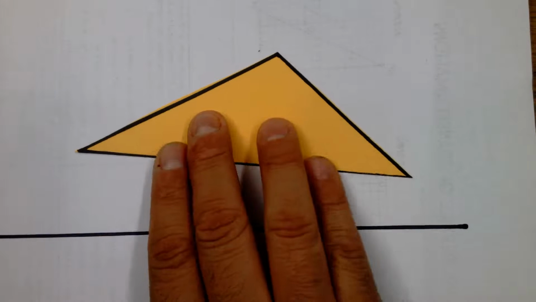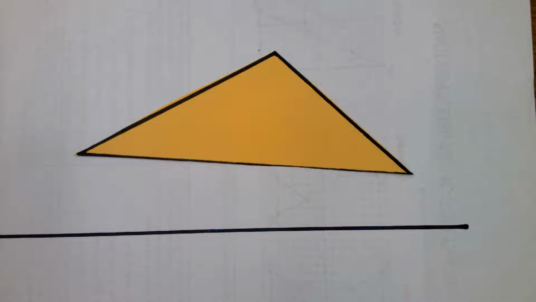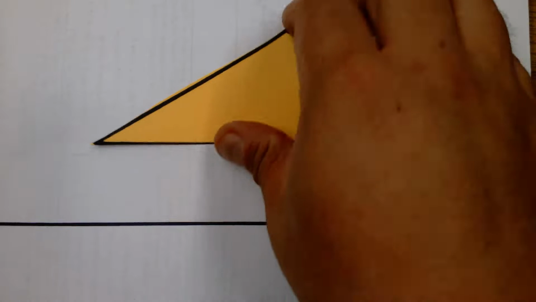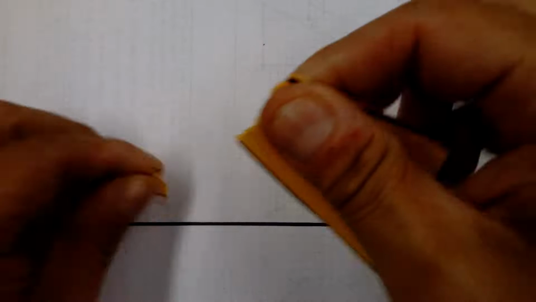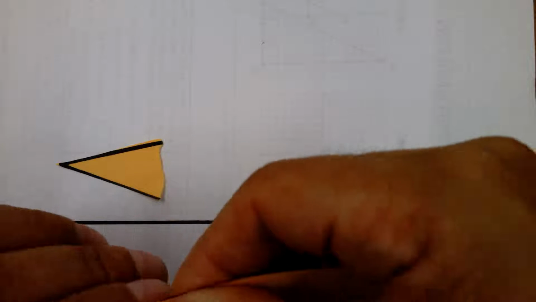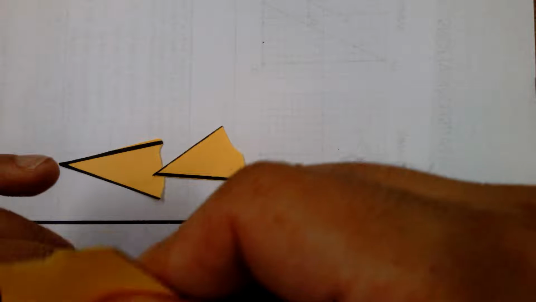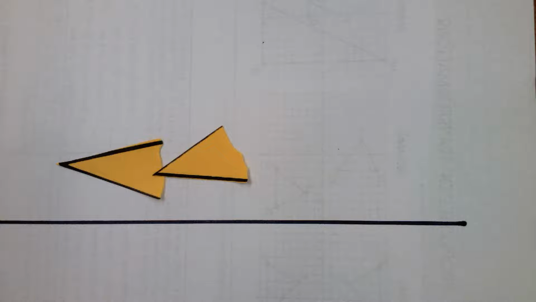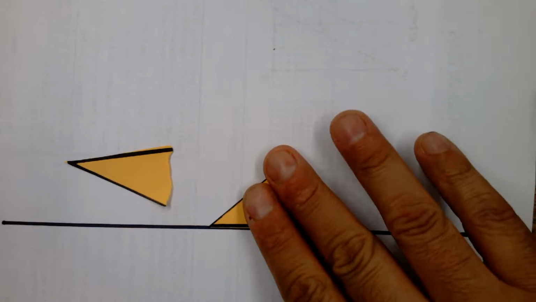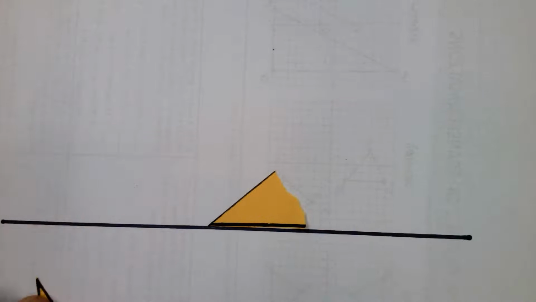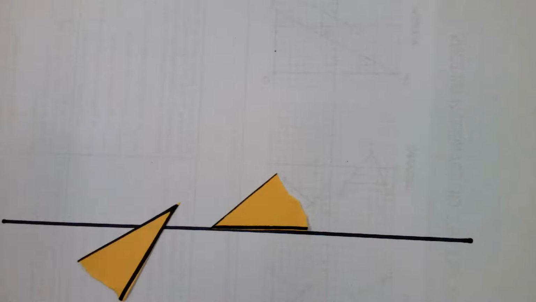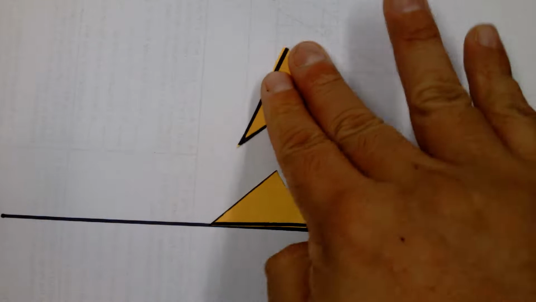This is more of an obtuse triangle. So this angle is obtuse, but I'm going to do the same thing. And the obtuse angle. So let's see here. I'll put this here. Maybe, because sometimes they accuse me of putting the bigger angle in the middle, and that somehow does something.